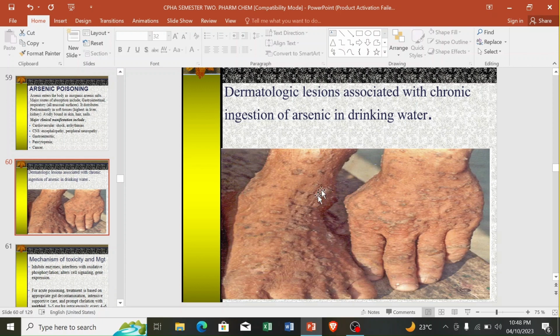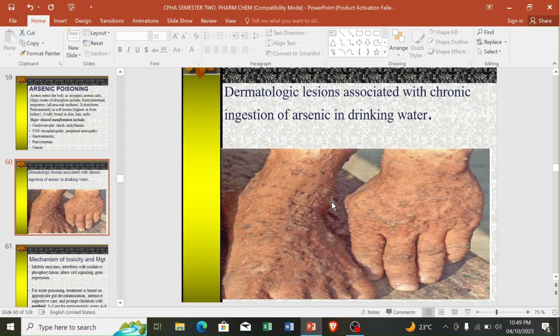This is how they look like. These are the lesions. Some people can call this rash. So it portrays that there was poisoning. There was much of arsenic in the water that people took, and it brings about this reaction. Someone will come and tell you, I just took water and this started coming on my skin.